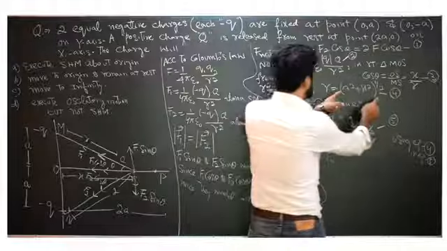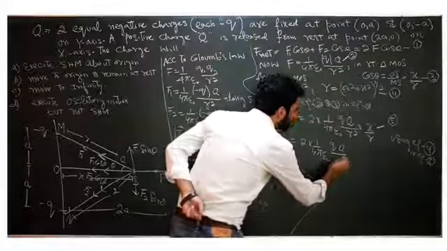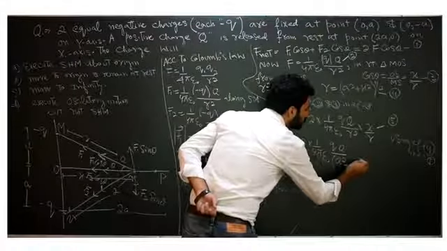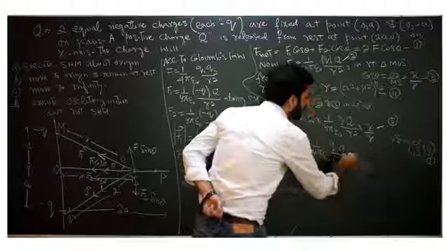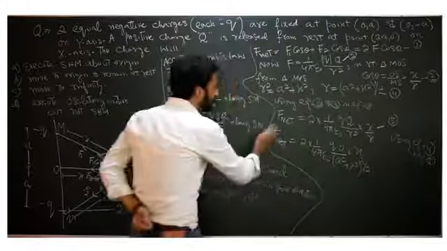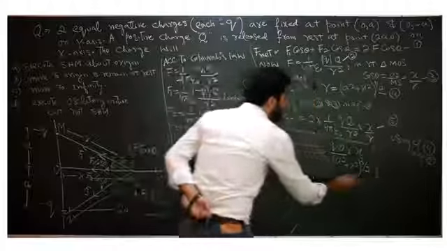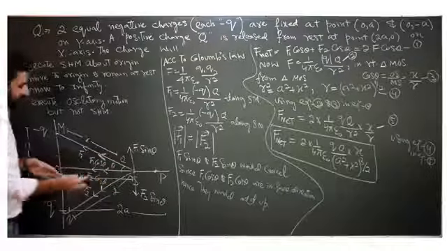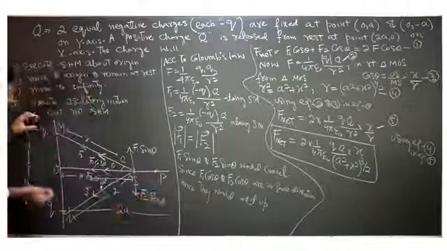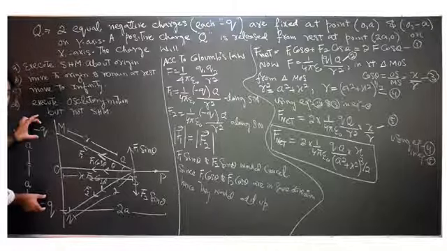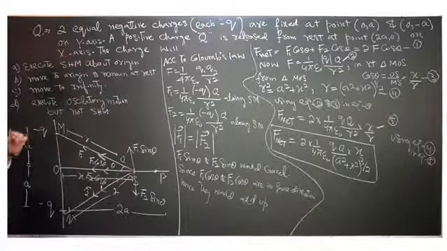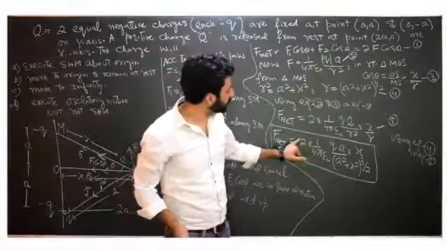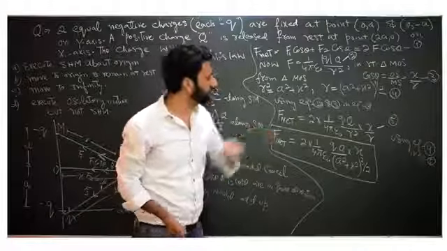But R is equal to this much, so this will be a square plus x square raised to the power of 3 by 2 into x. This is the final expression for the net force acting on this charge plus q, at a distance 2a from here, by these two charges minus q each, placed on the y-axis. If we don't use only the magnitude, then we will also get a negative sign, but the magnitude of the force is this much.